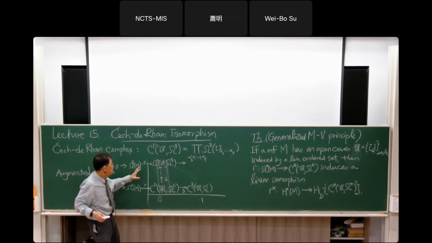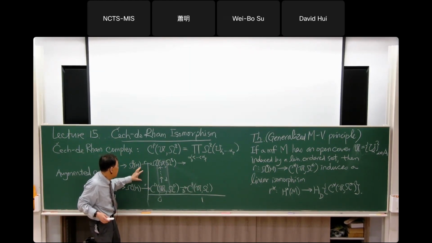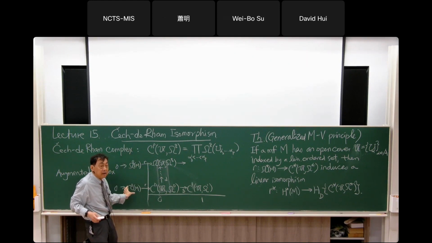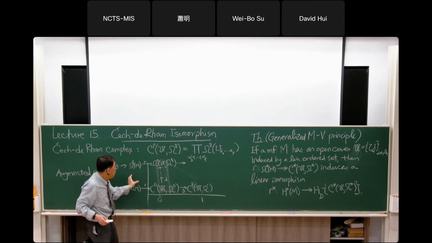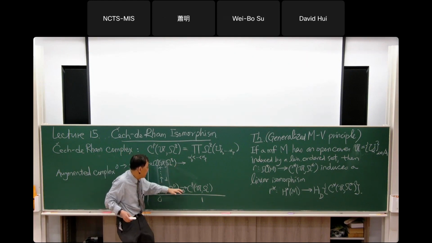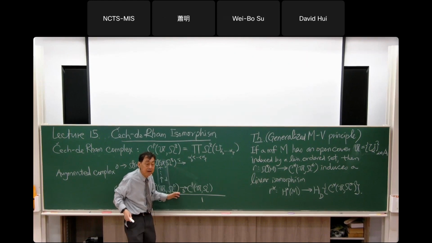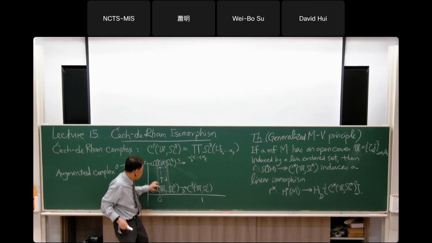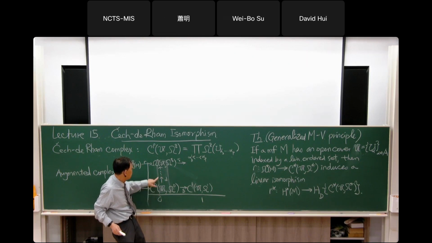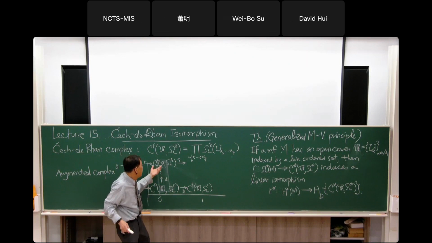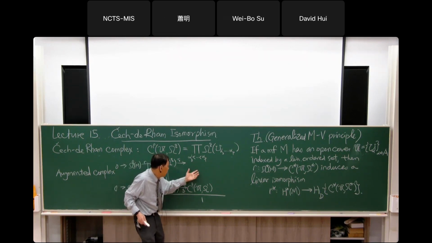And then we can augment this complex by a -1 column. This column is the kernel of the first difference map. In the 0th column, you have q-forms on open sets, and the difference map takes it to q-forms on intersections.